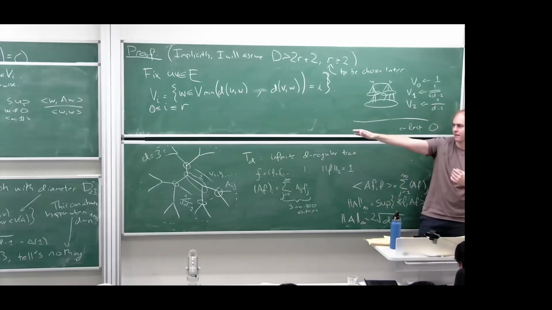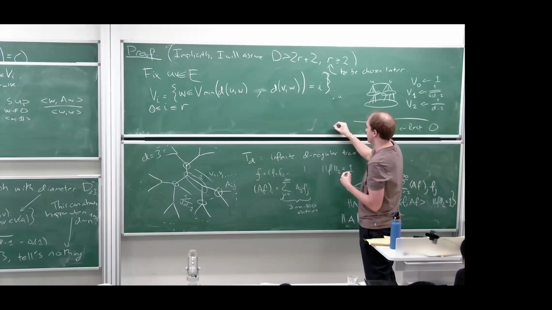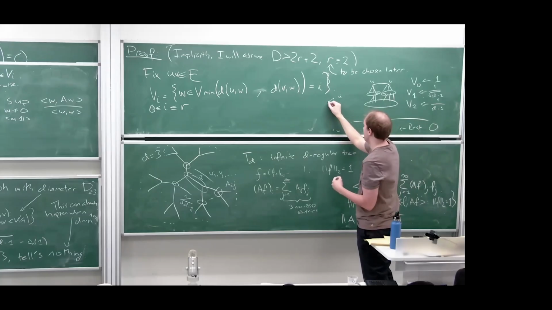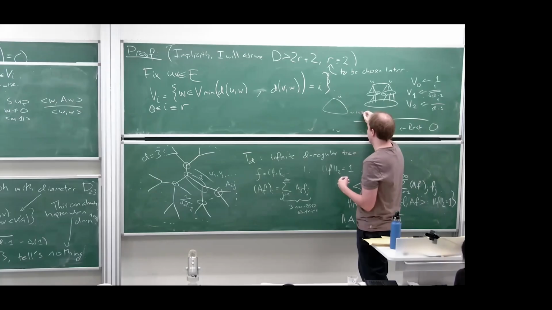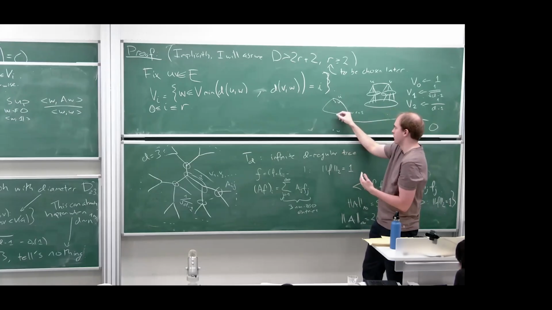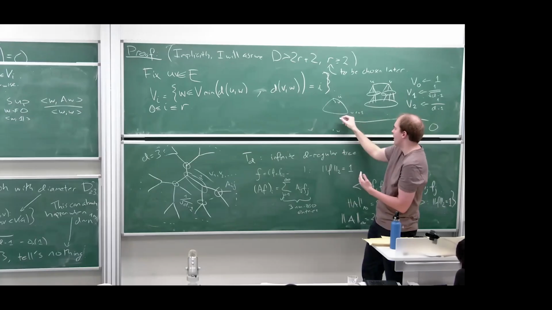So if I can prove that this inner product is large, then what it looks like is that I have some vertex U in the graph and some vertex W which are distance 2R plus 2 apart. I draw this picture that covers roughly the R plus first neighborhood of my vertex U, because I have to pick an edge and draw this picture, and it has things which are distance R away from V, so at most R plus 1 away from U.